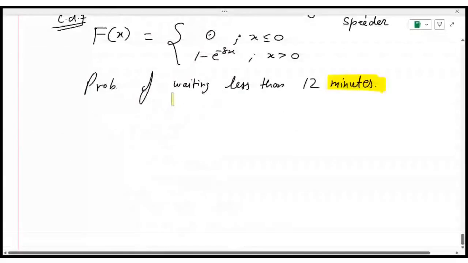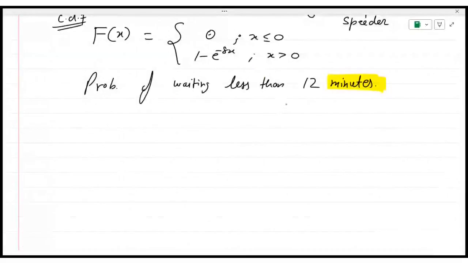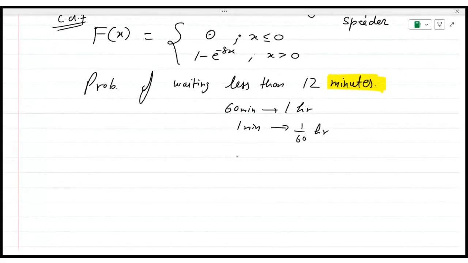If we convert 12 minutes into hours, you know that 1 hour has 60 minutes. So 1 minute is 1 by 60 hour, and 12 minutes will be 12 by 60 hours.